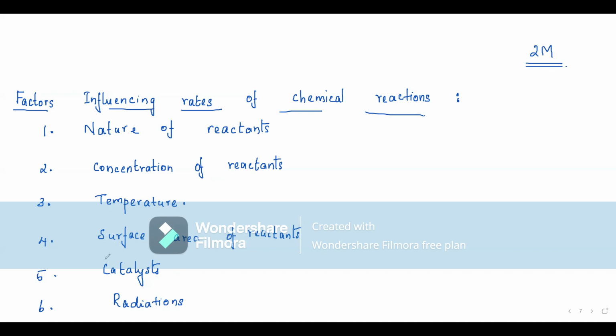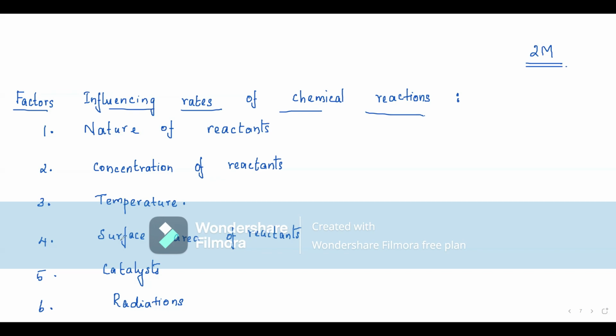The fourth point is surface area of the reactant. Again, you can easily understand this. If you try dissolving some sugar crystals in water, it will take some time. At the same time, if you powder the sugar in a mixer and then try dissolving it in water, in no time that sugar will be dissolved.